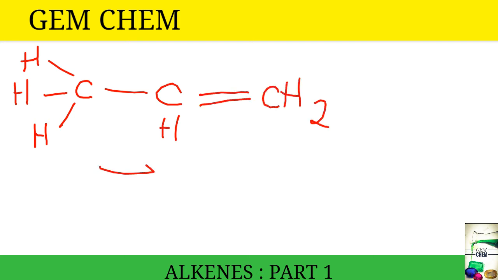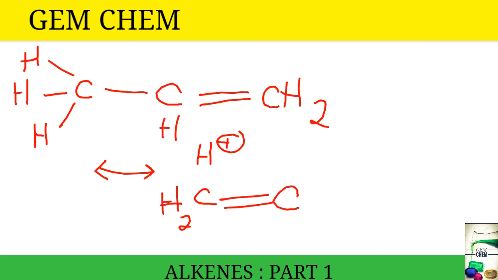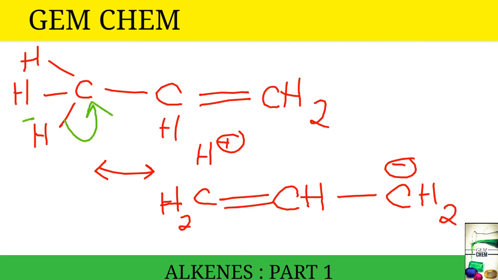One proton releases to give CH2, H+ is the proton released, and the double bond here, and here is a carbocation. That is what happens: from here the proton is being released, giving the negative charge here. The negative charge comes here and is donated here, and this double bond is pushed back.